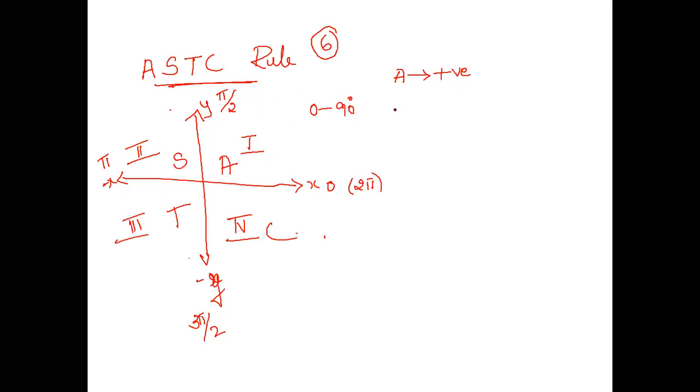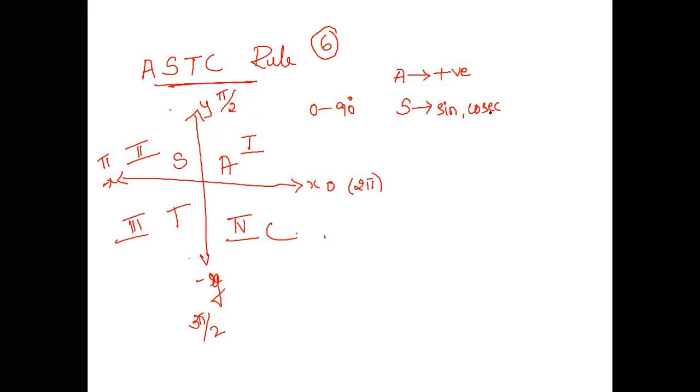Now what does S mean? I can see students answering. Good. S is for the second quadrant. S means sine. What is the reciprocal of sine? Cosecant. Yes, good, Subramanya.